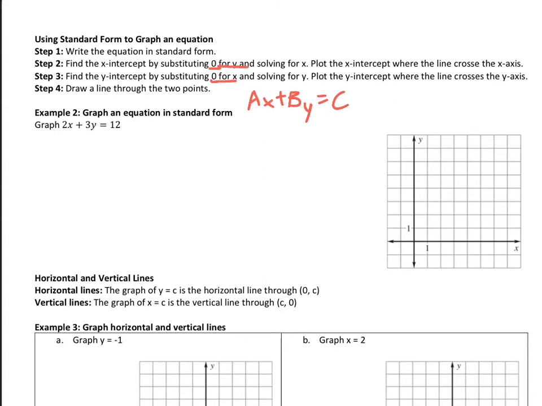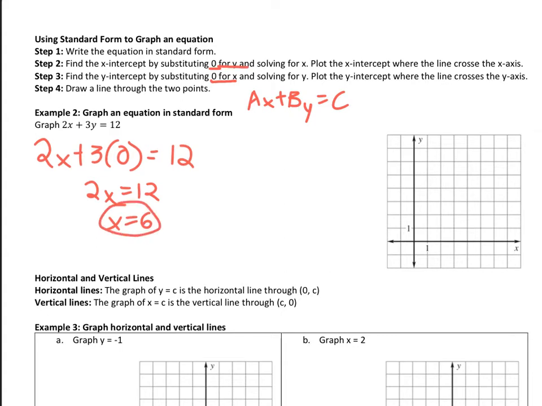So in this first one, I'm going to find the x-intercept, and I'm going to do that by substituting 0 for y. So this becomes 2x equals 12, x equals 6. So there's my x-intercept. I'm going to count the x-intercept of 1, 2, 3, 4, 5, 6. That is on the x-axis.